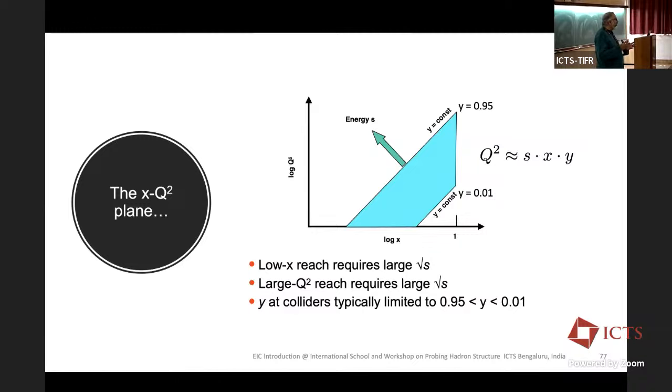So if you want to focus on the high x and low Q squared, I'll run something to measure this part very well. Then when I want to go to the low x part, which is the original reason why we wanted to go, we want to increase the value of s right there, and we go in that direction. Yeah? And that means you will be able to measure in this region here, including the low x.